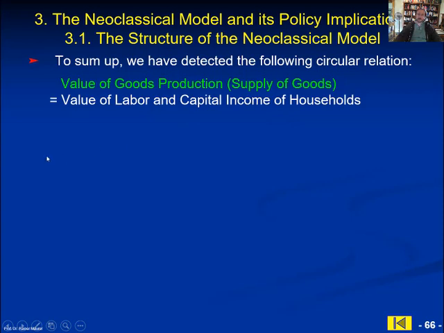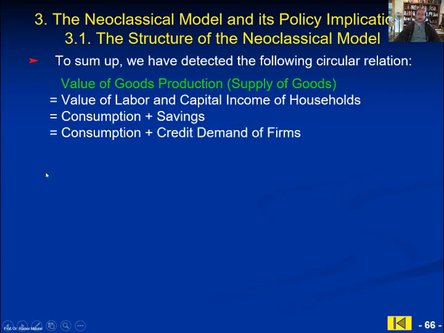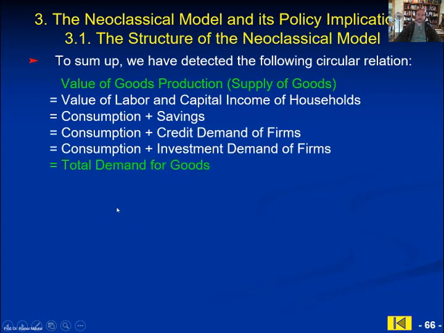Given the budget constraint of households, their income equals household consumption plus household savings. Given the equilibrium on the capital market, savings supplied by households is equal to credit demand of firms. Credit demand of firms, however, is equal to investment goods demand of firms.